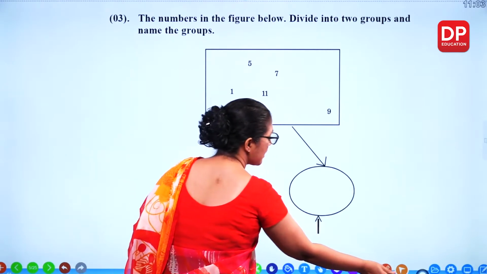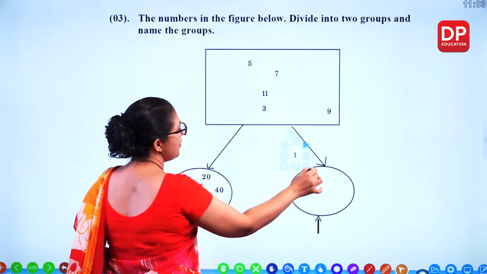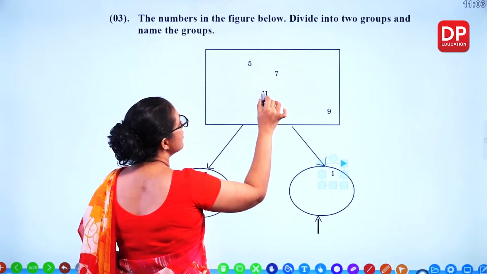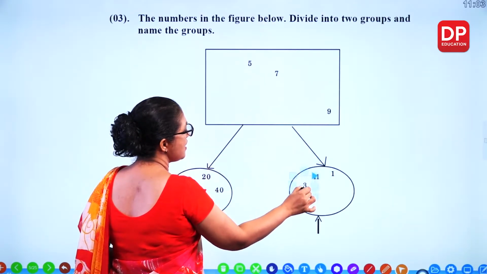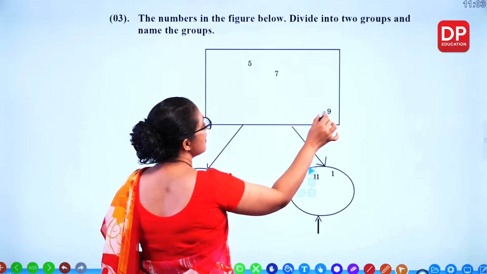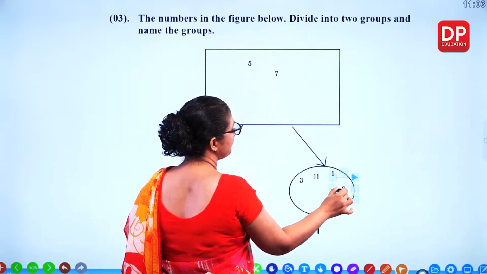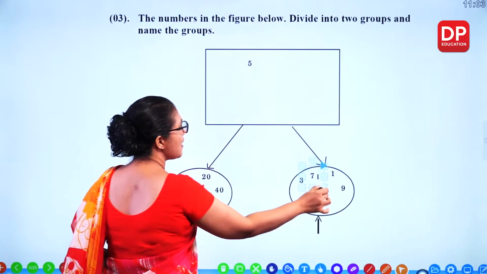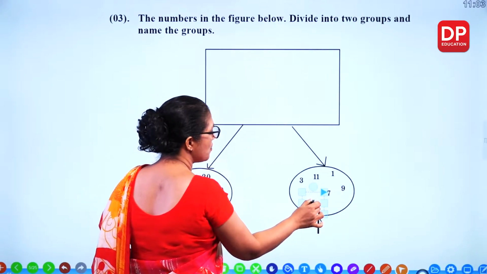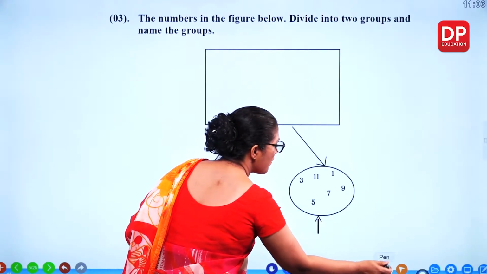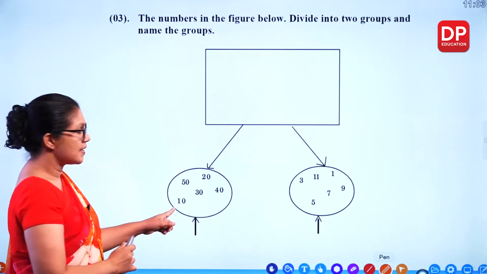I can take 1, 11, 3, 9, 7 and 5 into another group. What can I write? What are these?